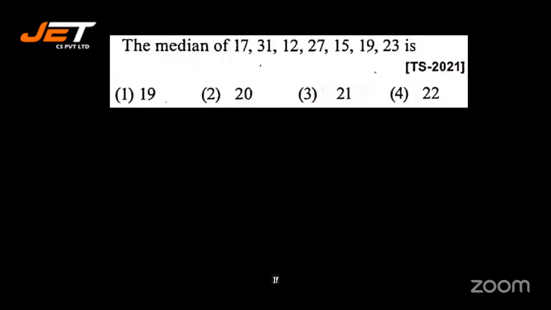If it is an even number, then the median will be n by 2th item. If it is an odd number, then the median will be n plus 1 by 2th item. All right. So this question has been asked in the year 2021. You can take your 1 full minute to give me the answers.